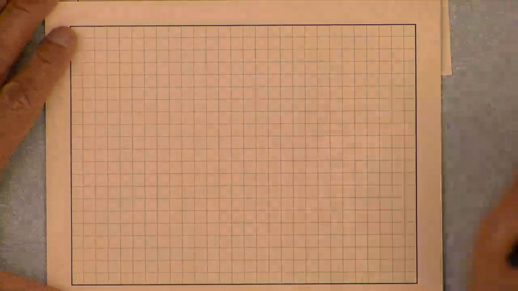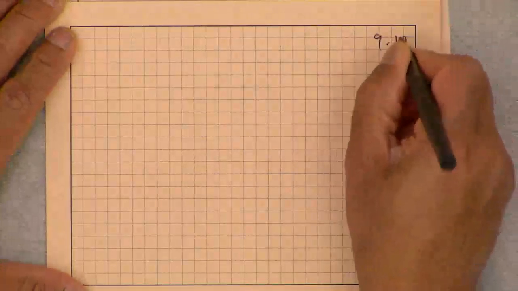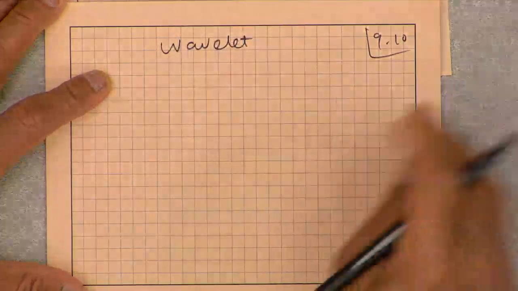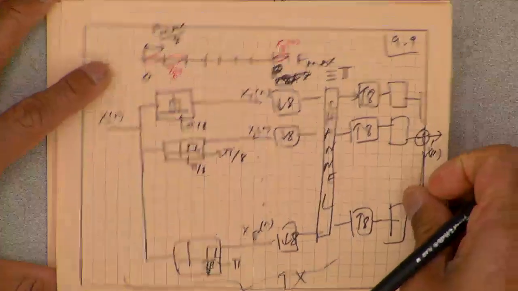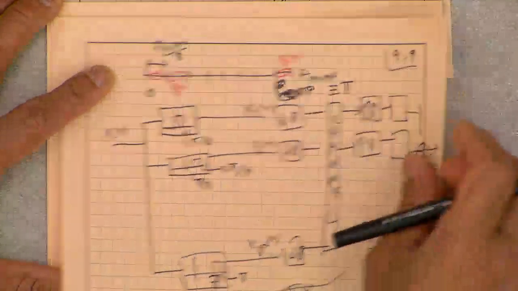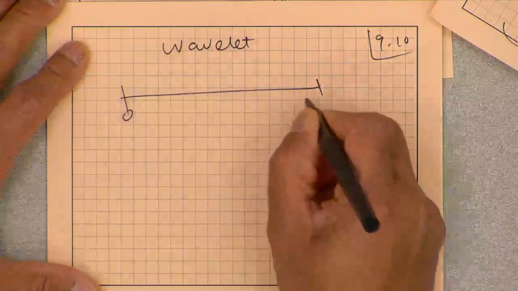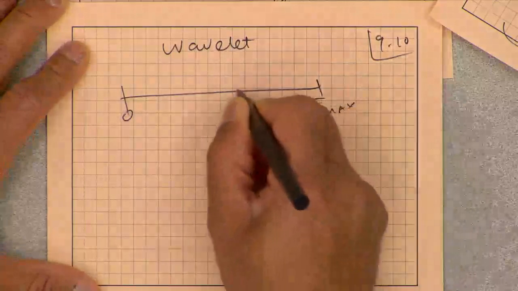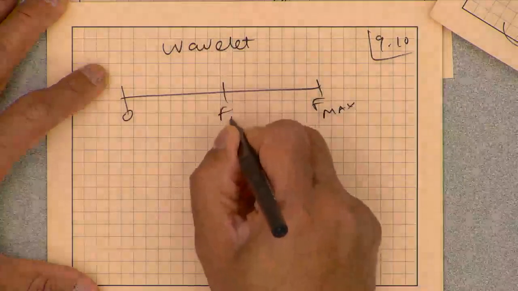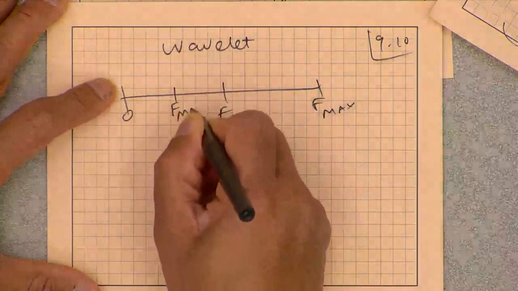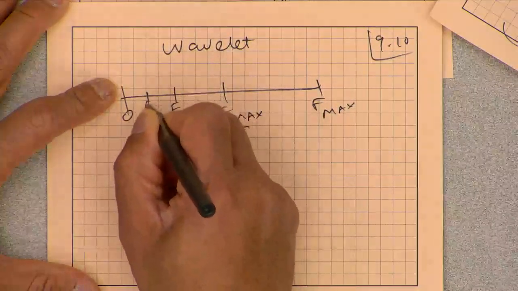The deviation from that is, instead of using the equal bandwidth decomposition as in subband coding, if I take the whole frequency range 0 to f max and divide it into 2 parts, so this is f max by 2, and then divide again, this is f max by 4, then divide again, f max by 8.